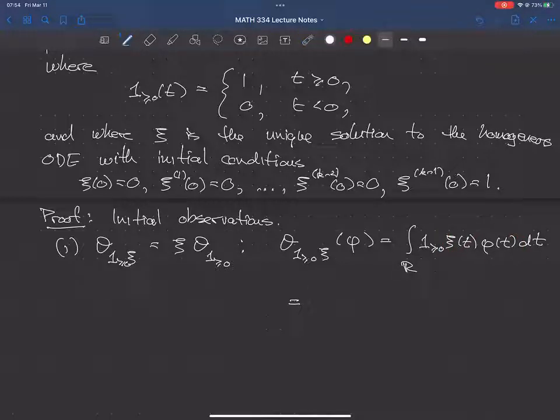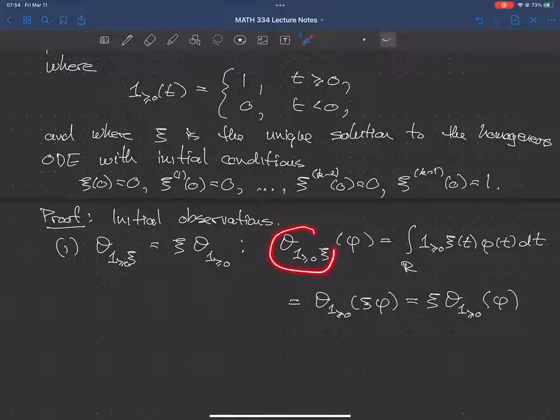Okay, and so the point is that this is equal to theta 1 greater than or equal to 0 of C phi. Okay, and by our definition of this, which we talked about last time, this is C theta of 1 of the step function of phi, right? So that proves that this is equal to that.